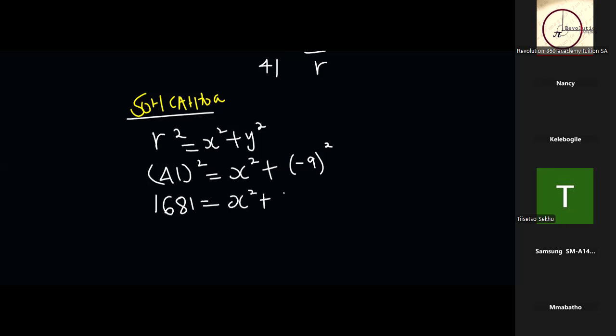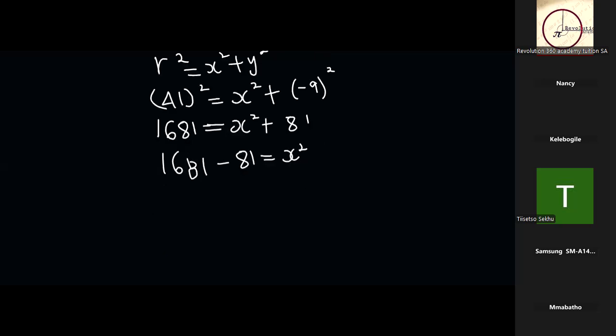Then you take that positive 81, you transpose it to that side, it changes the sign to become negative. Then you say 1681 minus 81 equals x squared. 1600. Negative 81. No. It was positive.